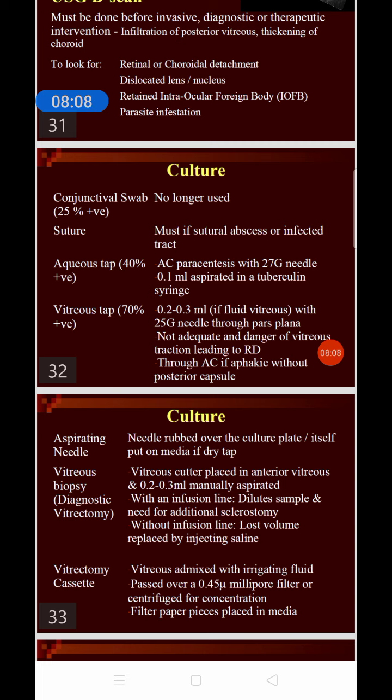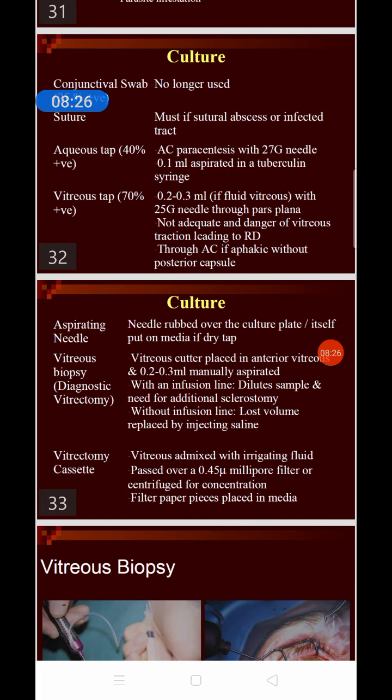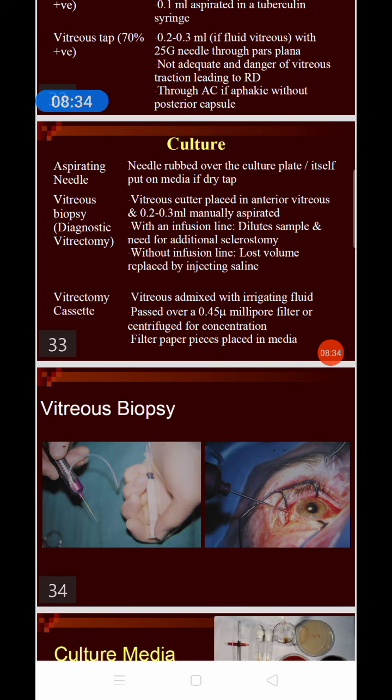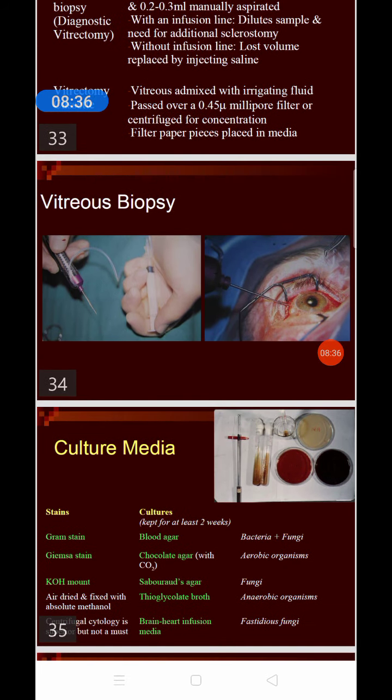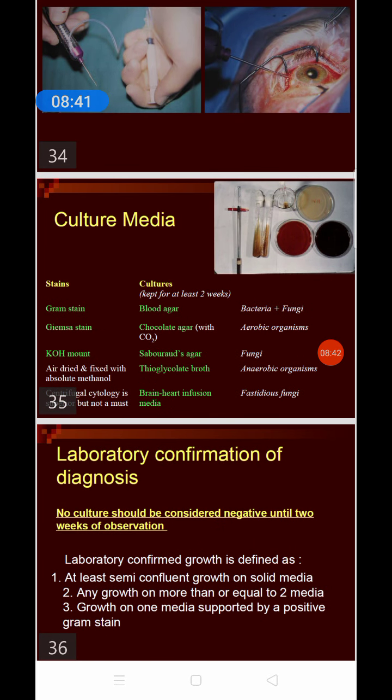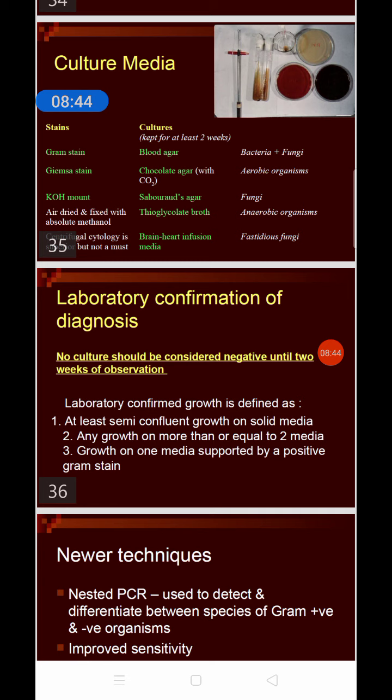Aqueous tap, paracentesis with a 27 gauge needle, and vitreous tap of 0.2 to 0.3 ml, usually with a 23 gauge needle at the pars plana site. You take the vitreous tap and do the culture of the aspirated aqueous or vitreous. So vitreous biopsy, this is how you need to do it, and the culture media is used for the diagnosis.